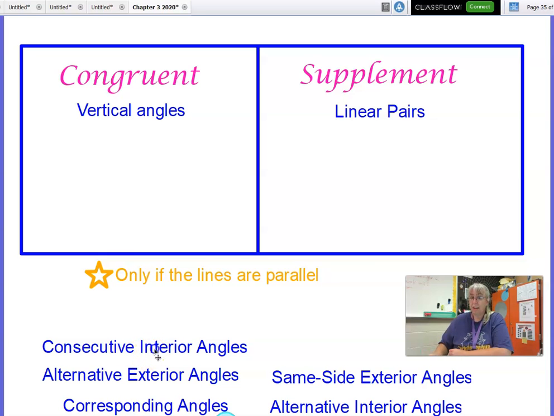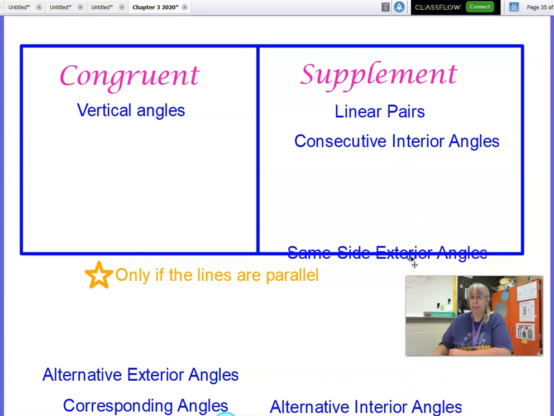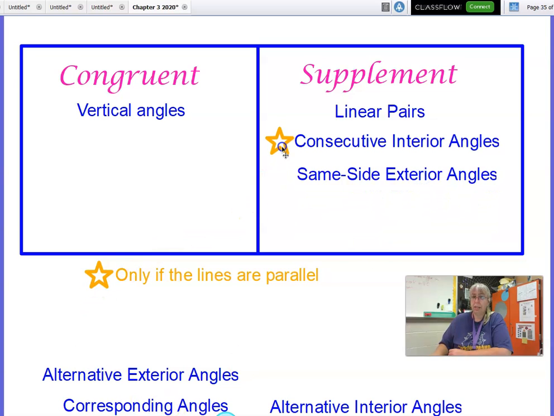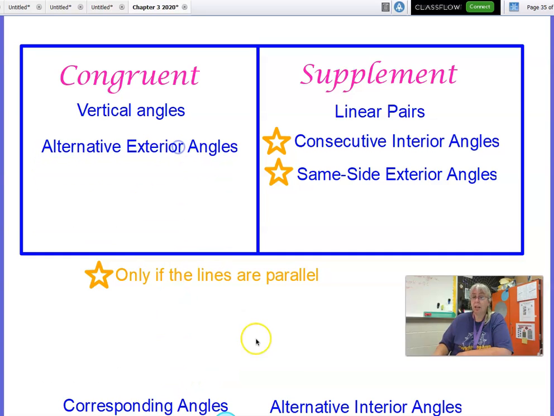So consecutive angles, doesn't matter whether they are interior or exterior, are going to be supplements. So I'm going to put this star next to it because these are only supplements if I know the lines are parallel. Okay? And then these will always be congruent.